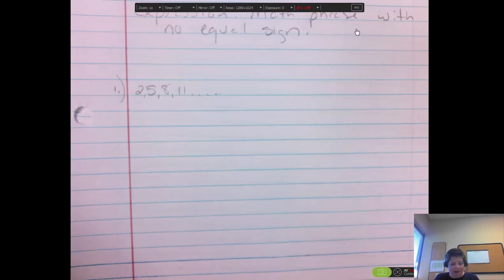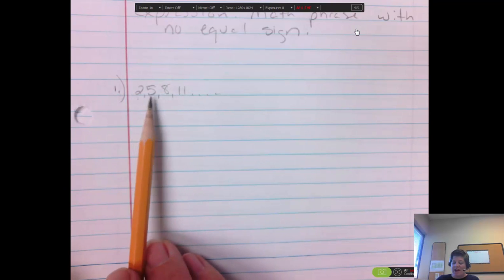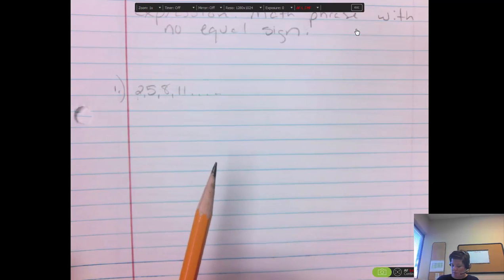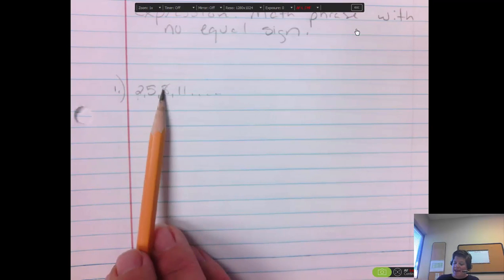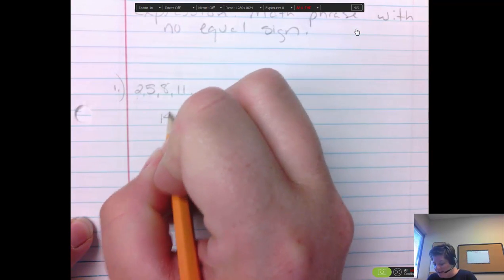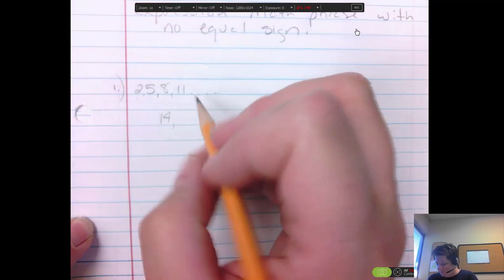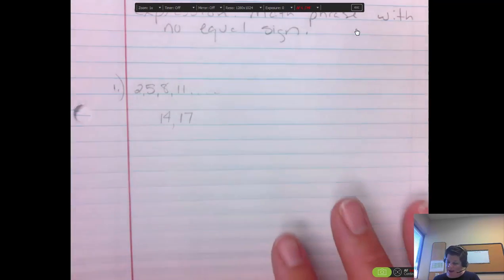What would be the next number in my pattern? So it goes 2, 5, 8, 11. So 2 to 5 is how many numbers? 3. And then from 5 to 8 is 3 more. 8 to 11 is 3 more. So all we're really doing is adding 3. So the next number would be 14, add 3 more, and we'd get 17, and you could follow that pattern.